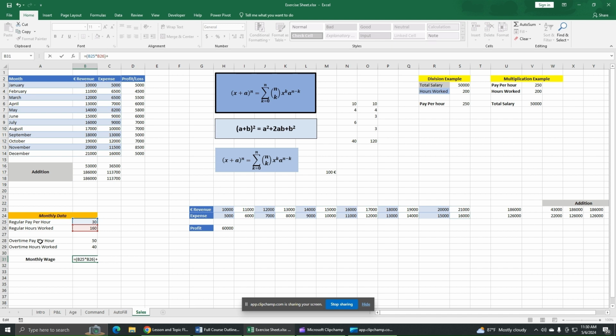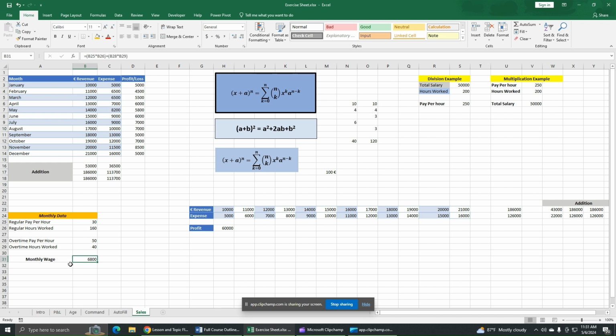Then to calculate the overtime earnings, again first bracket, click this, multiply, click this one, close bracket. From here we'll get the total regular earnings, and from here the total overtime earnings, and if we add both of them, we'll get the total monthly wage. Okay, so we are pressing enter. 6,800 is his monthly wage.